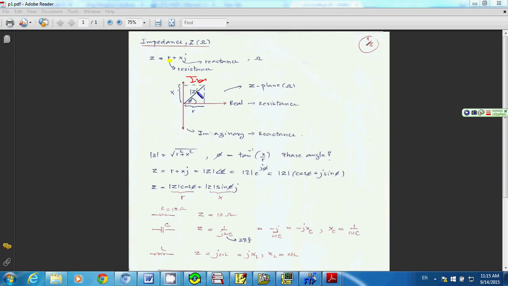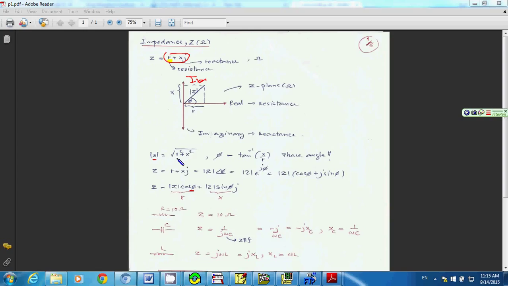And from above here, the z-plane, you can see that r simply become the magnitude of z, or absolute value of z, multiplied by the cosine of phi. And also our x, or reactance, is simply equal to the magnitude of z multiplied by sine phi. And you also can write the magnitude of z in the term of r and x. This is the very basic one. Just refresh you all.